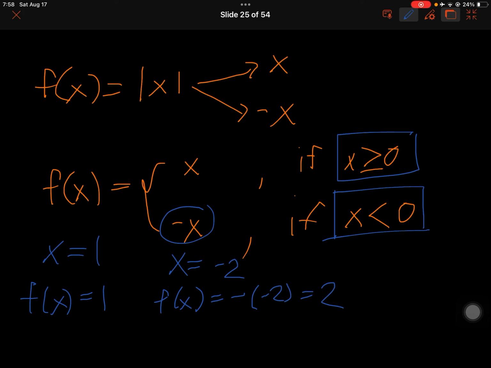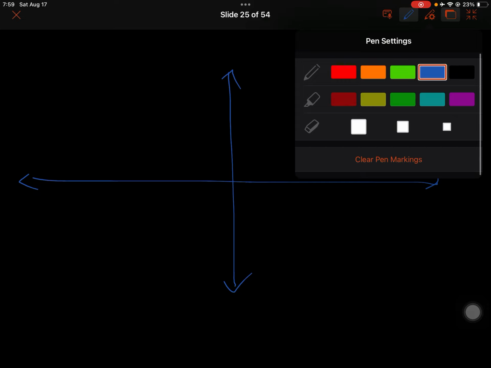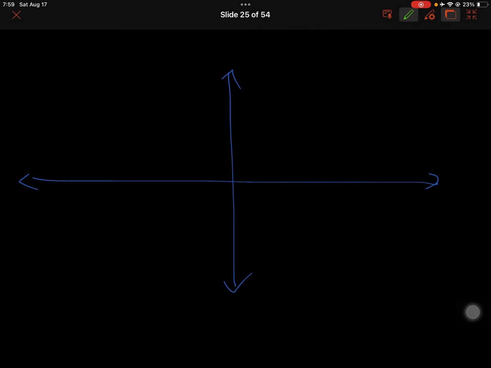Okay, so what's the graph of this absolute value function or the piecewise defined function for the absolute value? So let's see. We have here the Cartesian plane. And since it's always positive, no matter what the value of x is, we have this one here.